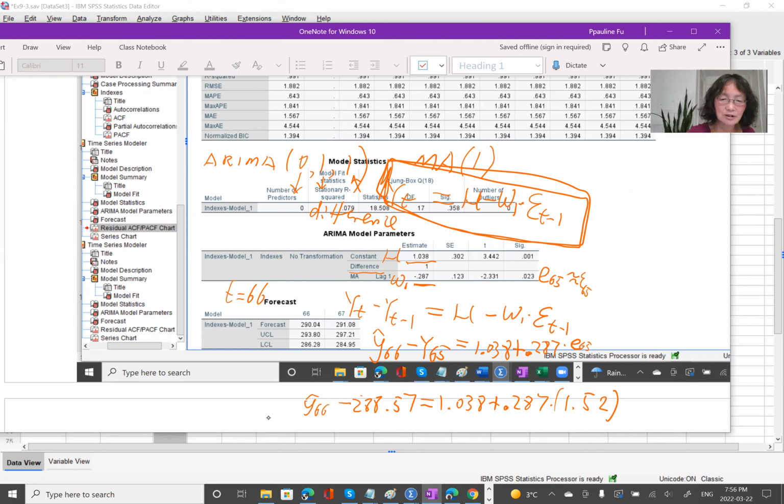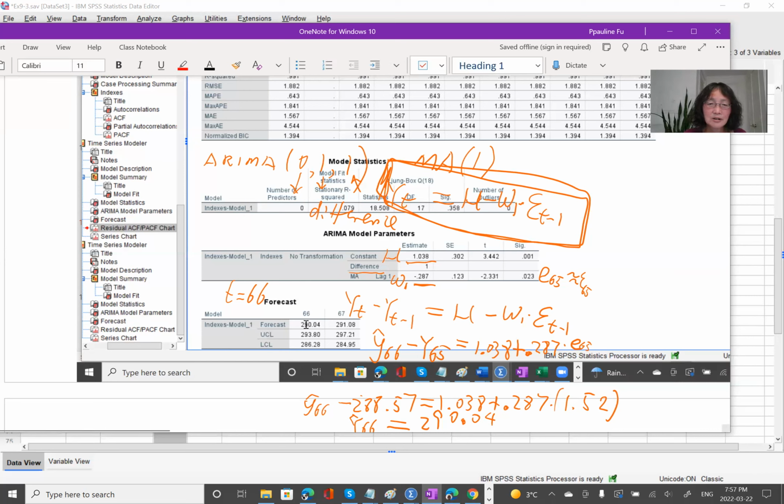My result, I get the y66 forecast as 290.044, something like that. You can double check; there may be a slight difference. What is the SPSS forecast?